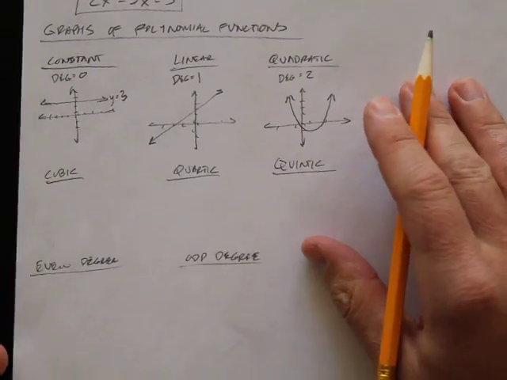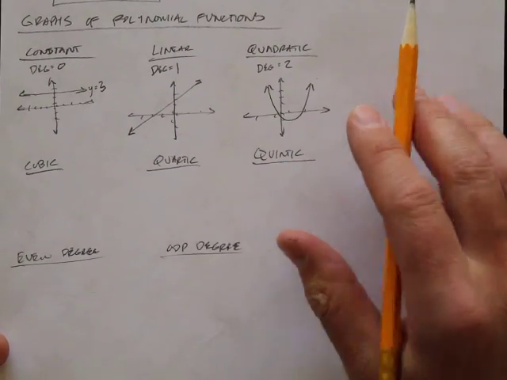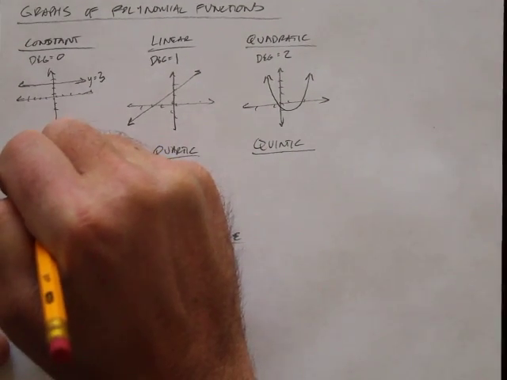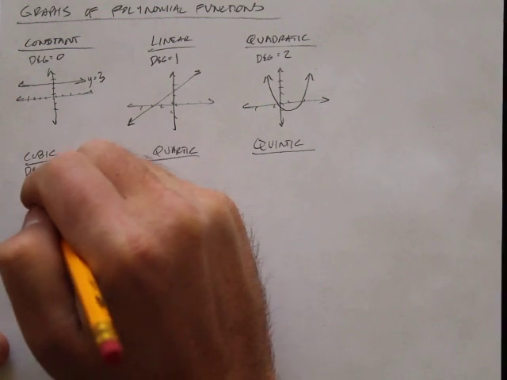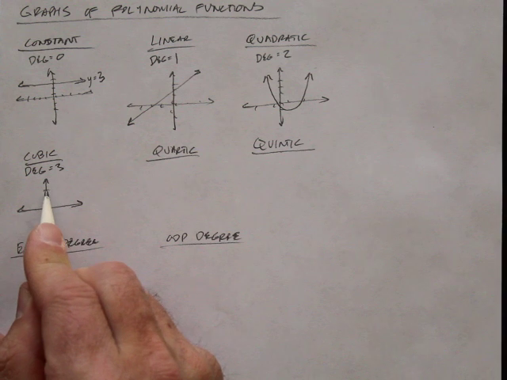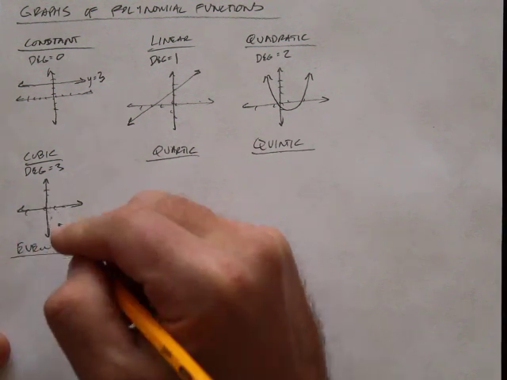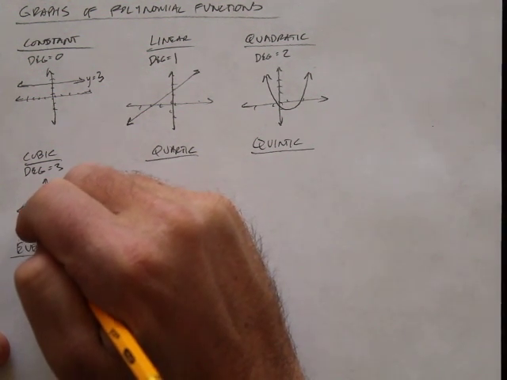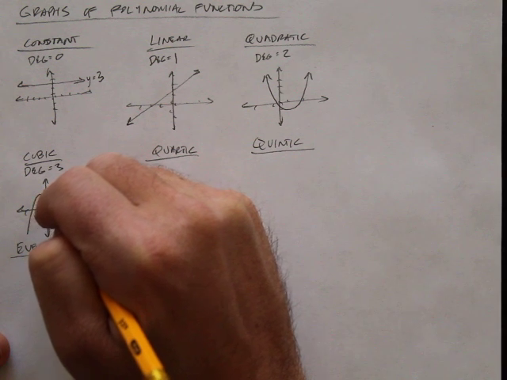It might open up, it might open down, but it's going to be a parabola. Cubic has a degree of 3. And that's going to look something like this. It's going to go up, going to go down a little bit, and then go back up.